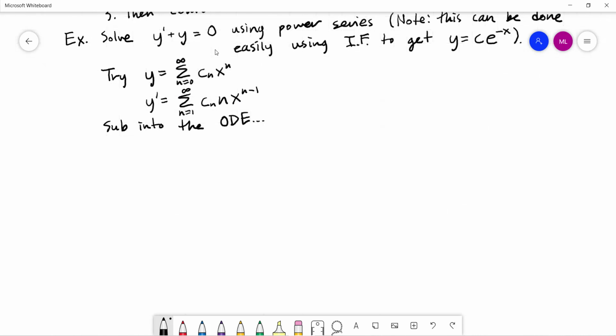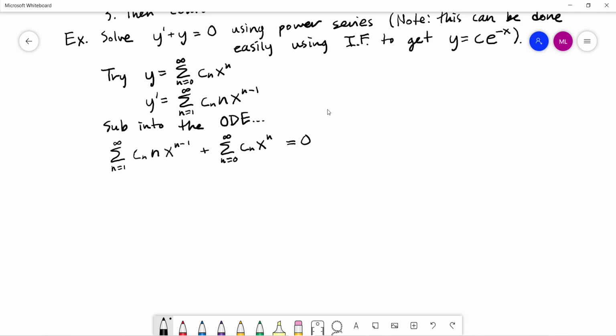I'm going to get the sum from n equals 1 to infinity of Cn times n x to the n minus 1, there's the y prime term, plus y, so the sum from n equals 0 to infinity of Cn x to the n equals 0. This term is our y prime, and this term is y. y prime plus y equals 0.